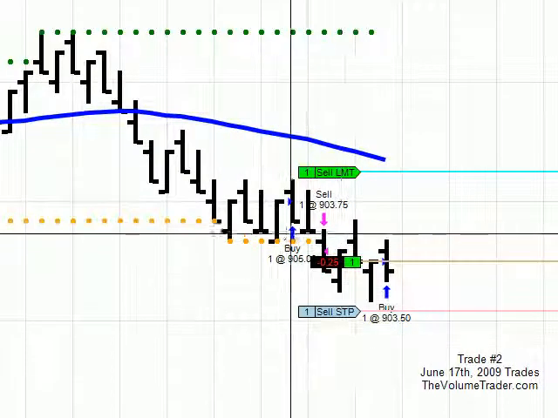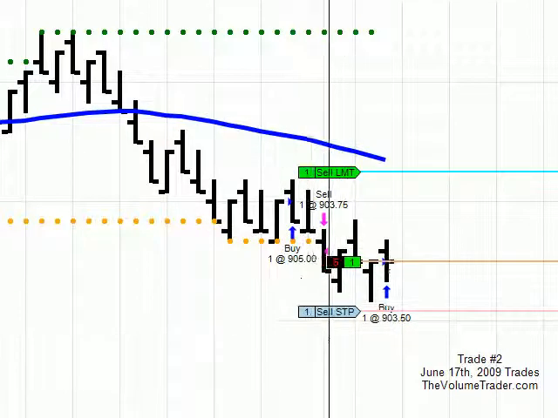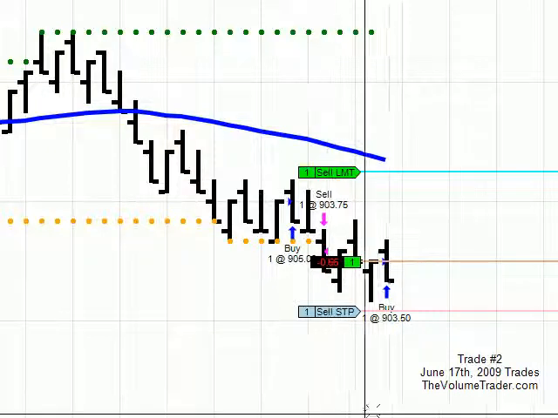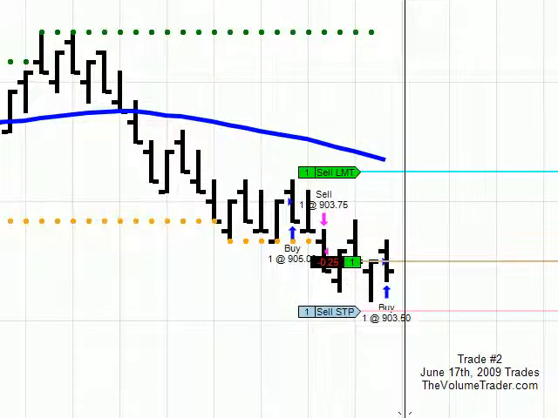Right now, we've lost one trade. As you can see, we're down 1.25 points. So we'll see what happens here. Kind of a steady slide here to the downside. So, I mean, you just got to keep taking your signals, though.